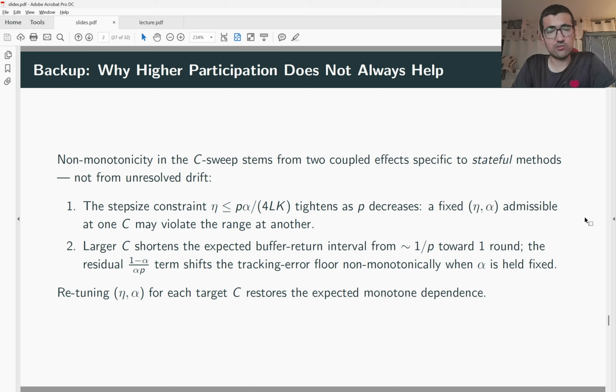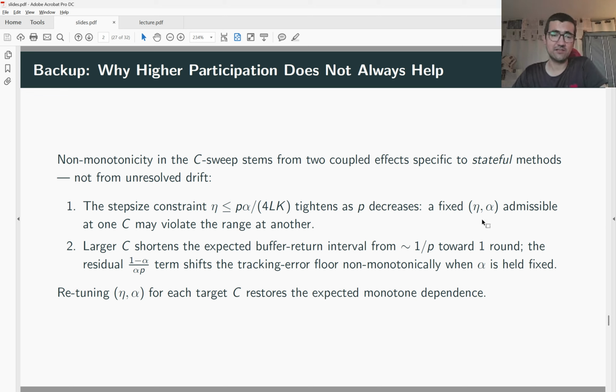Second, the participation rate changes how often each buffer is refreshed. The expected return interval moves from roughly 1 divided by P rounds toward every round, and the residual term 1 minus alpha over alpha P couples the two, so holding alpha fixed while varying P moves the tracking error floor non-monotonically.